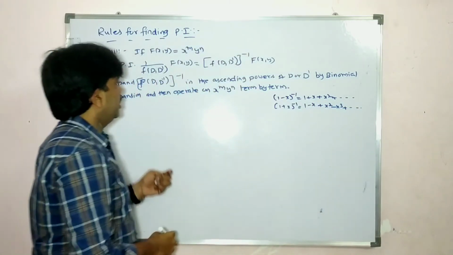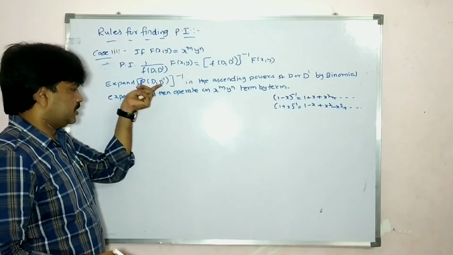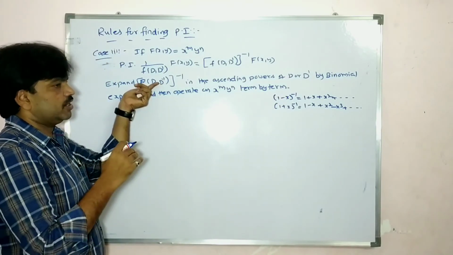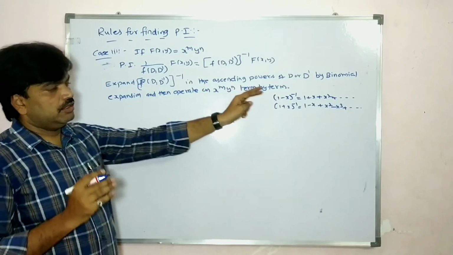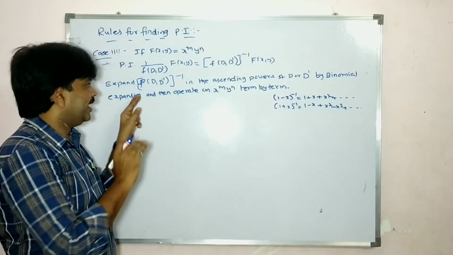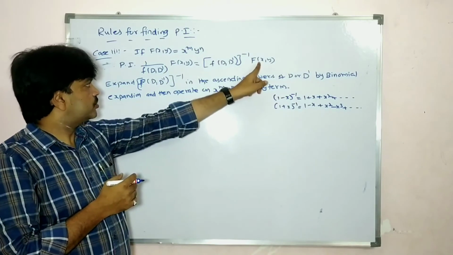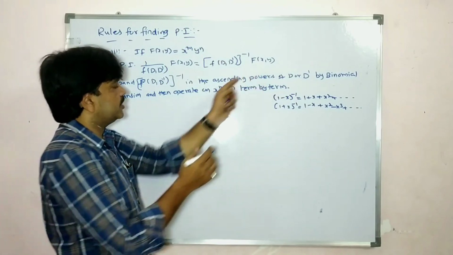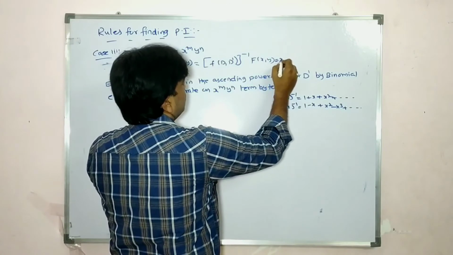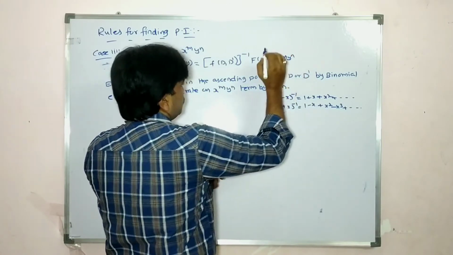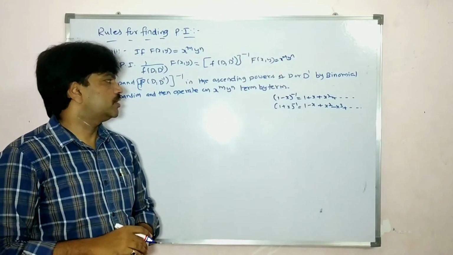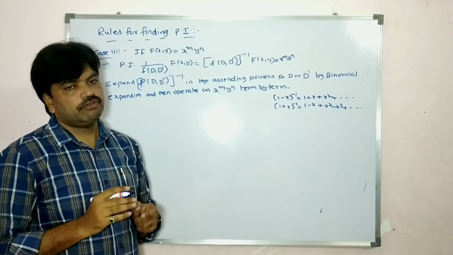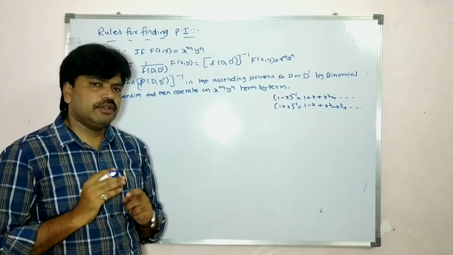I apply that binomial expansion here, either in terms of D by D dash or D dash by D, and then I operate on f of x, y, which is x power m y power n. I am operating on x power m and y power n, and then you get the required particular integral.